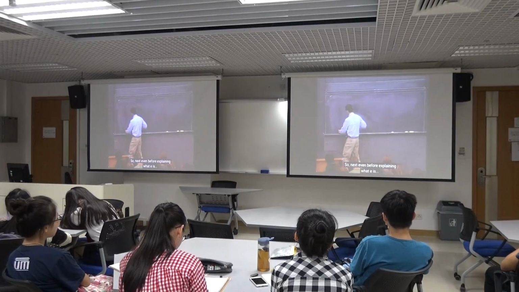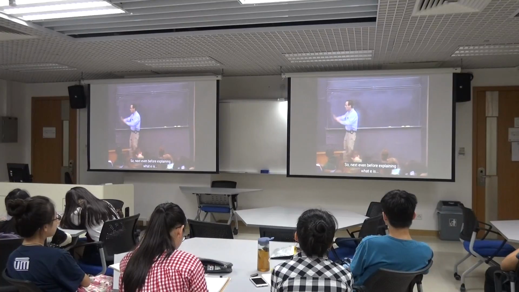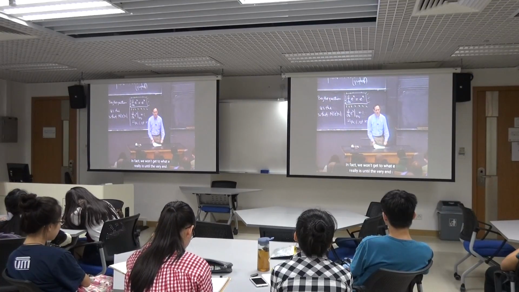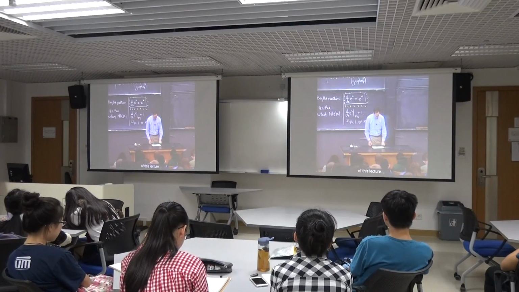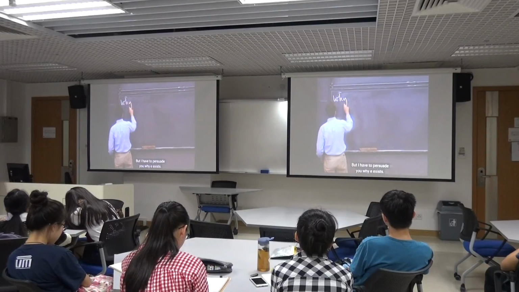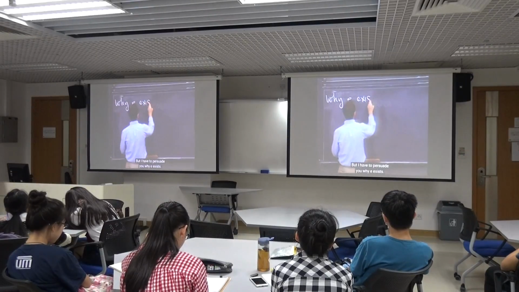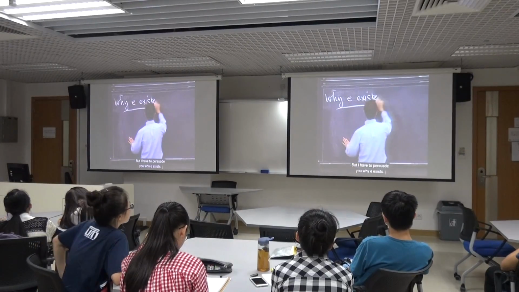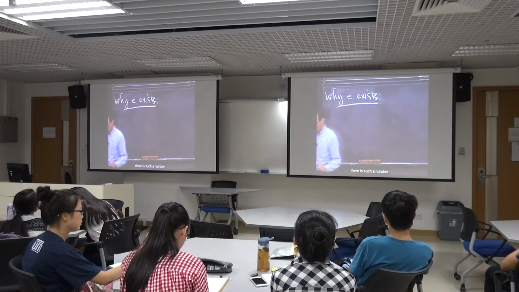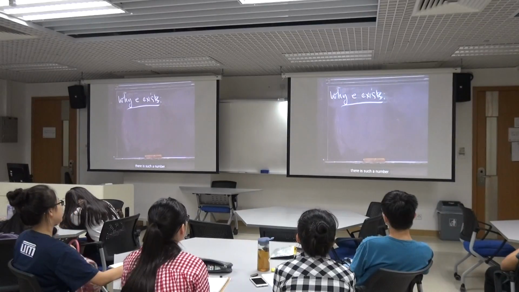So next, even before explaining what e is, in fact, we won't get to what e really is until the very end of this lecture, but I have to persuade you why e exists. All right, so we have to have some explanation for why we know that there is such a number. Okay?